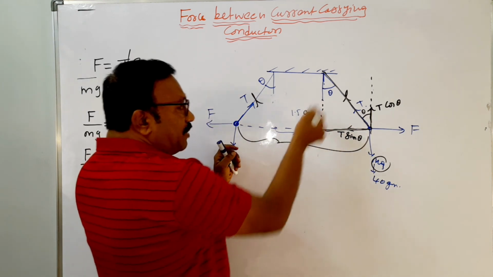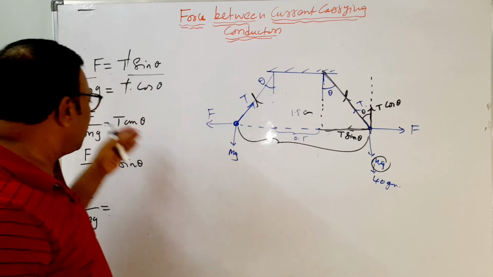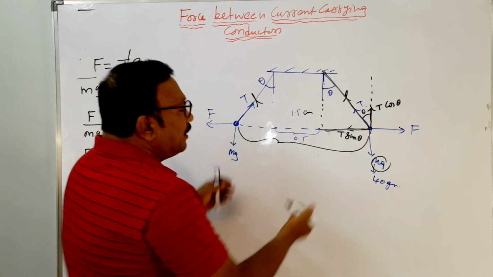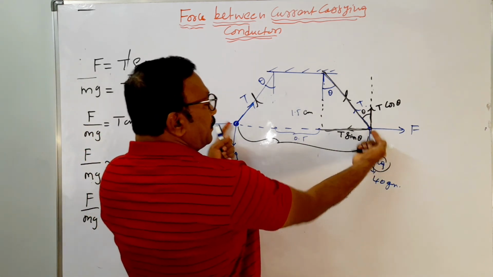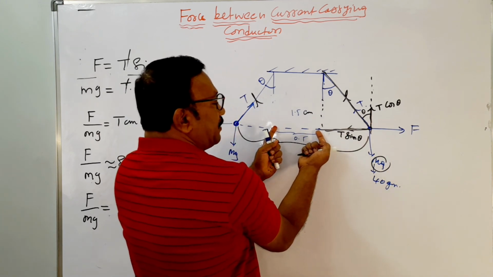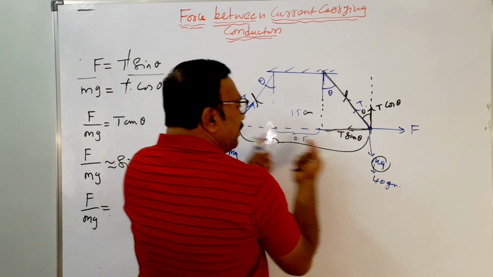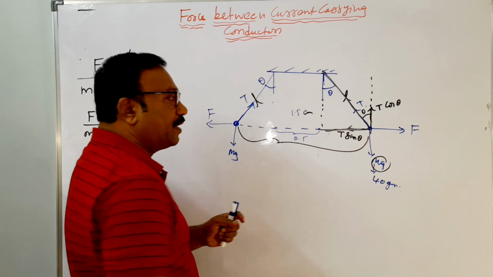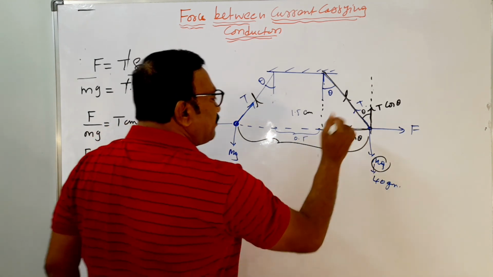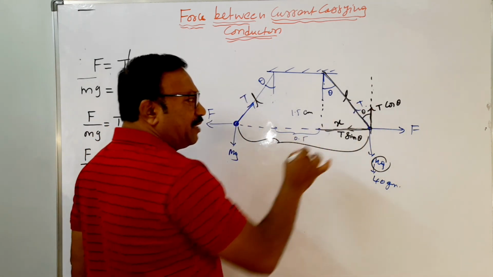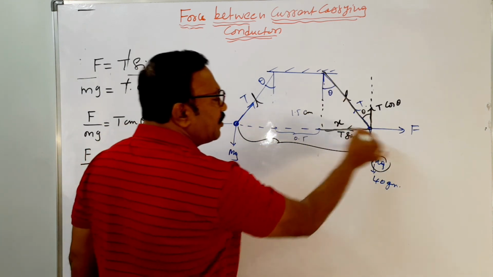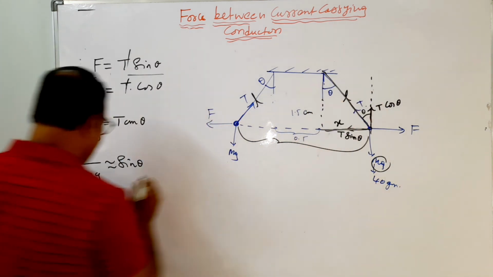If they are in centimeters only, theta will be small, and if theta is small, tan theta is equal to sin theta. That is why. Okay, this is 1.5 centimeters, this is 0.5 centimeters. So this will be 0.5 and this will be another 0.5. Anyhow, I will take this as x for the time being. This is L now. Sin theta is equal to this x divided by L.